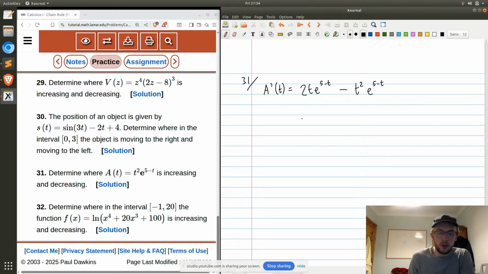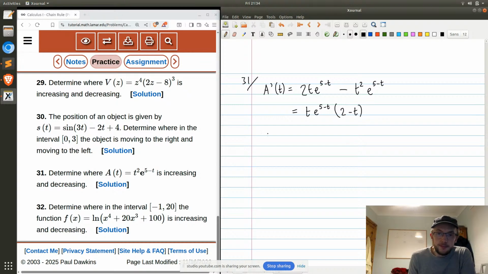Now, we have to find out where it's increasing and decreasing, so it helps us if we know where the zeros of this function are. So we're going to factor out e to the 5 minus t, and then we'll get 2 minus t, just like that.